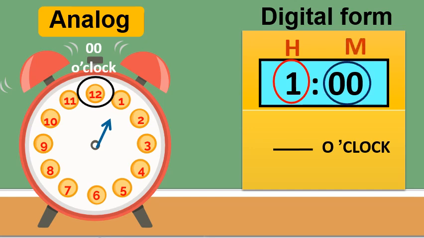So the long hand points to 0, 0, which is 12. So in analog form, what will the clock be? The short hand points to 1, the long hand points to 12. It means o'clock in analog form. So it's 1 o'clock.